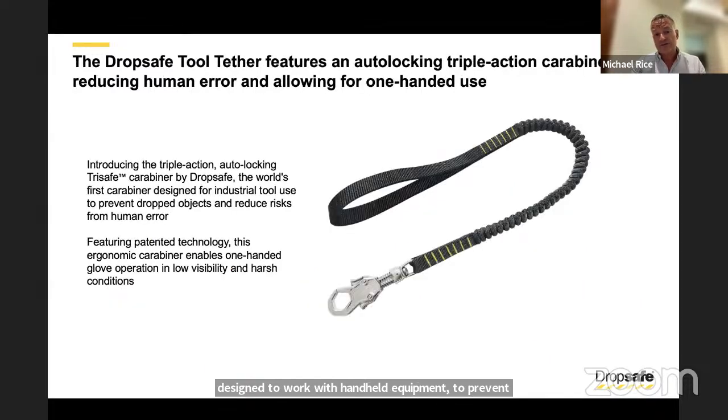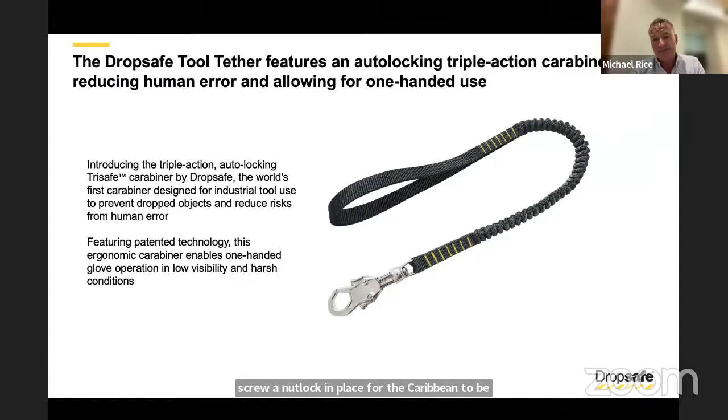We also have just recently launched a range of tool-specific tethers. These again came off feedback that we got from one of our customers in the US, where they were somewhat dissatisfied with the quality of tool tethers that were available in the market. Their main complaint was that most tool tethers are designed with an old-fashioned carabiner that I showed you earlier that requires the operator to actually screw a nut lock in place for the carabiner to be properly closed.